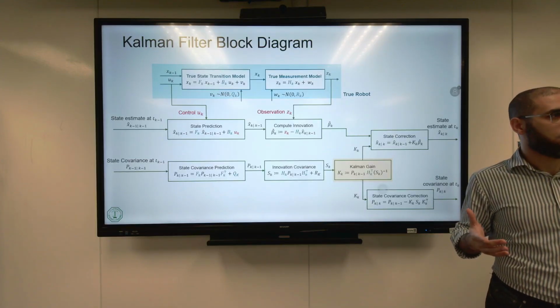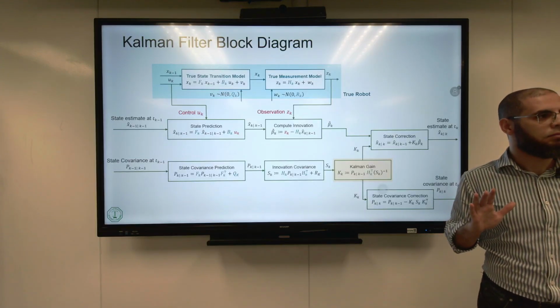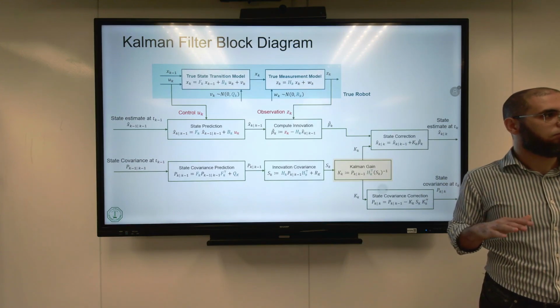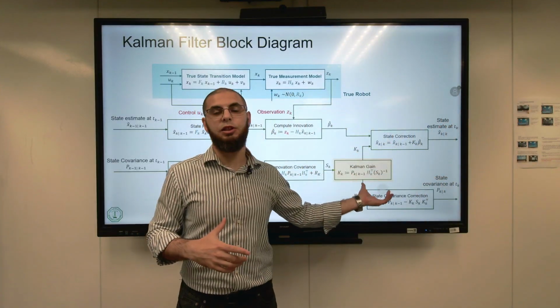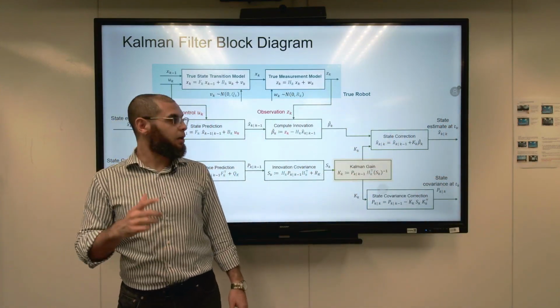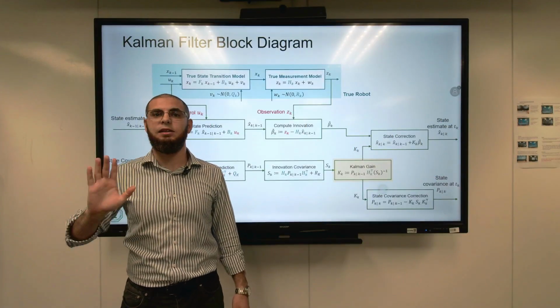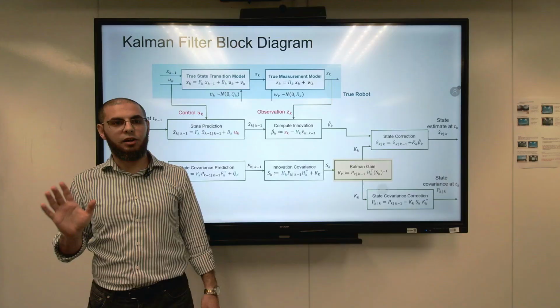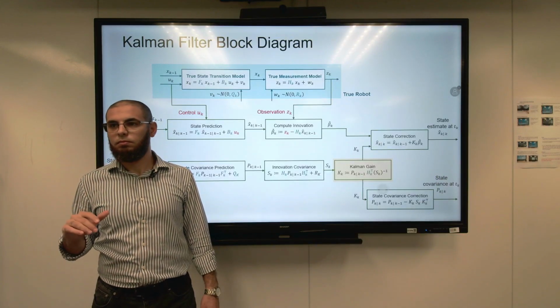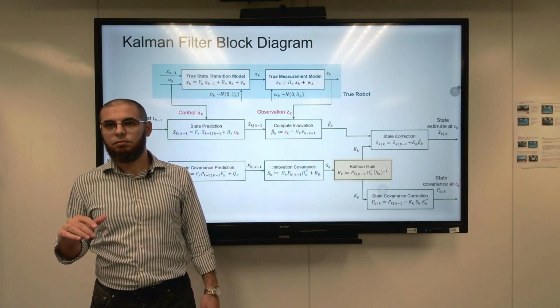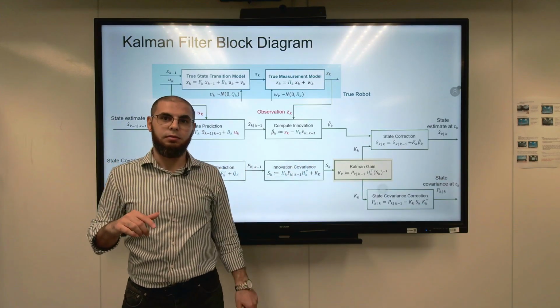It's a multiplication of 3 matrices. That's not an issue. It's true, the Kalman gain is the most computationally intensive part, but it's not because of the multiplication of 3 matrices. That's easy to do. The hardest part is what? It's inside of this block.